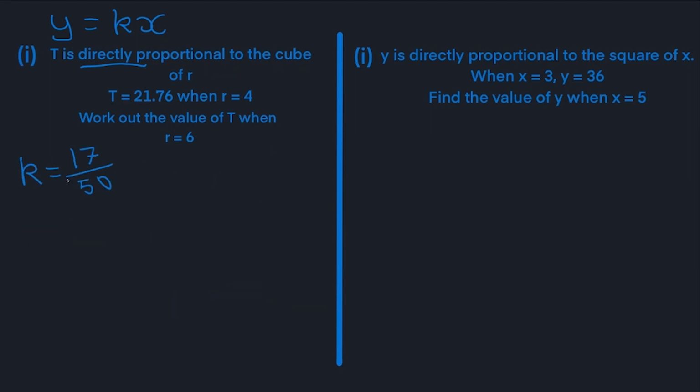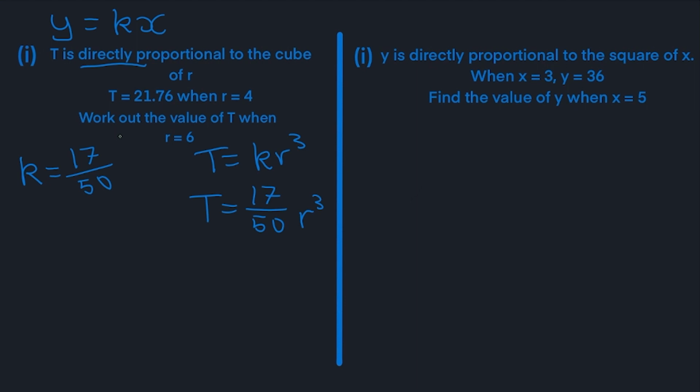So now that we know that k is equal to 17 over 50, what we can do is actually rewrite our formula. So originally it was t equals k r cubed, but since we know our k, we can rewrite it as t is equal to 17 over 50, which is our k value, which we just found out, r cubed.